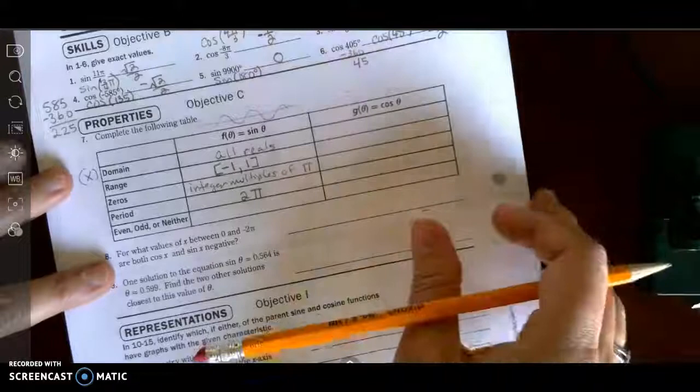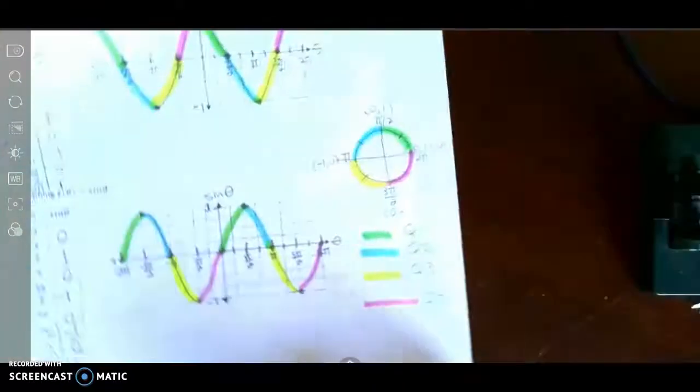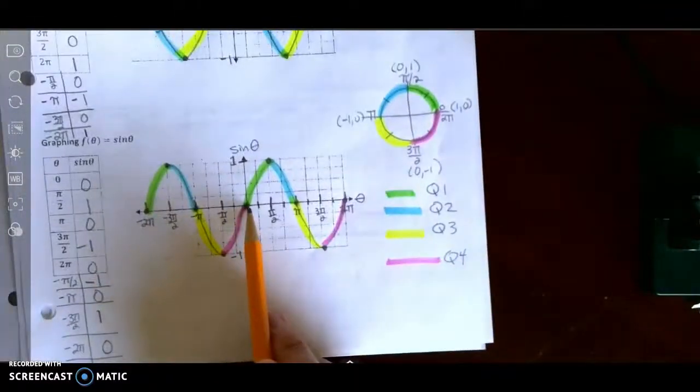Even, odd, or neither. Let's look at the graph. That wasn't something that we answered in our table, but we can determine that. Is this reflection symmetric over the y-axis or rotation symmetric around the origin?